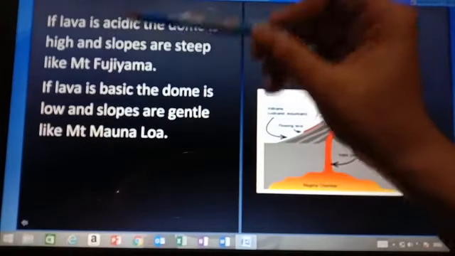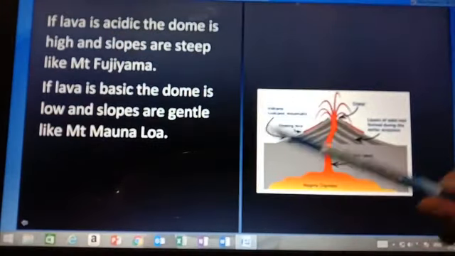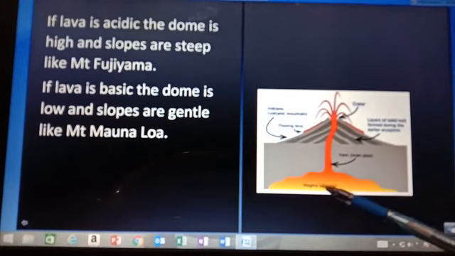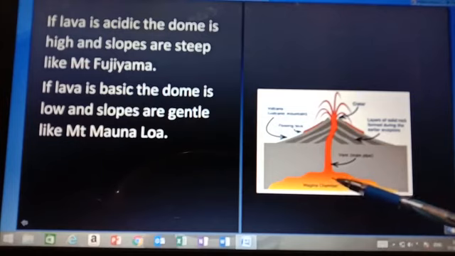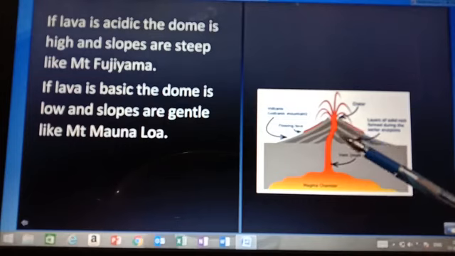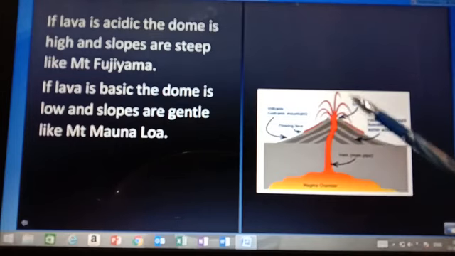And see children, this is a volcano. Whenever there is intense heat and pressure inside the surface of the earth, this hot molten material, that is magma chamber, what happens? This magma comes out through the vent. This is the vent, the main pipe of the volcano, and it erupts.